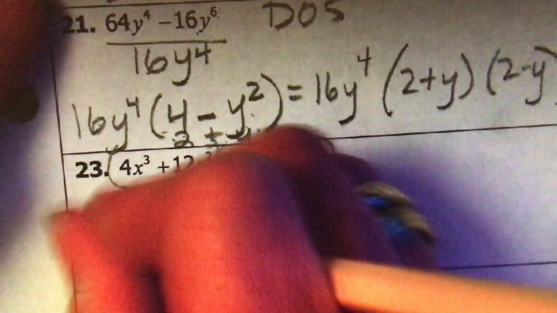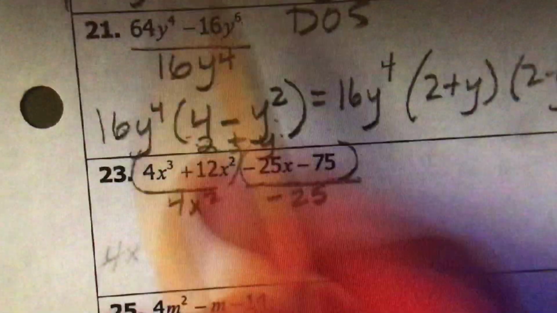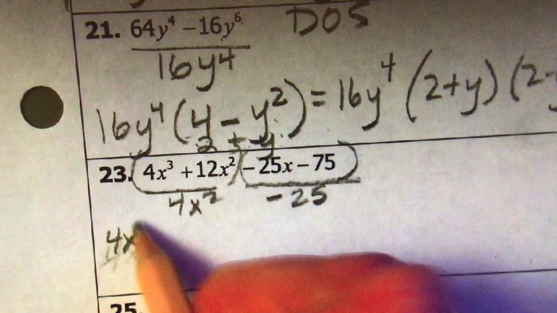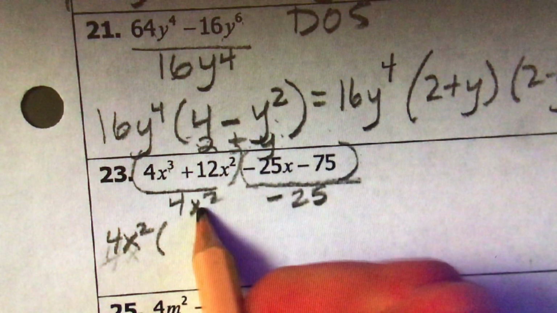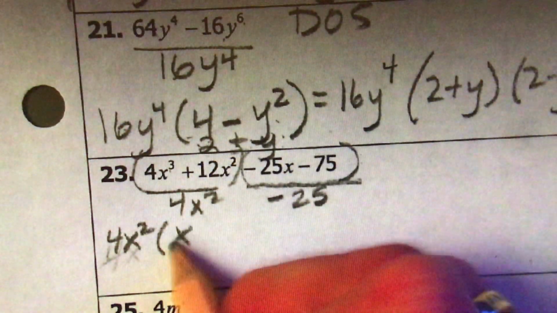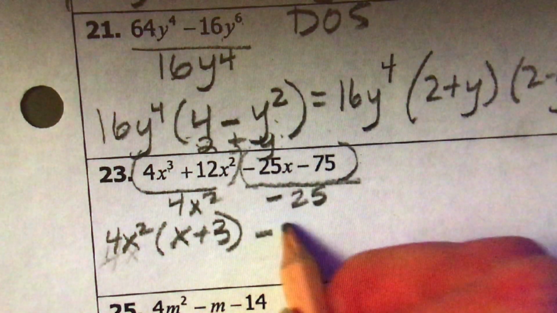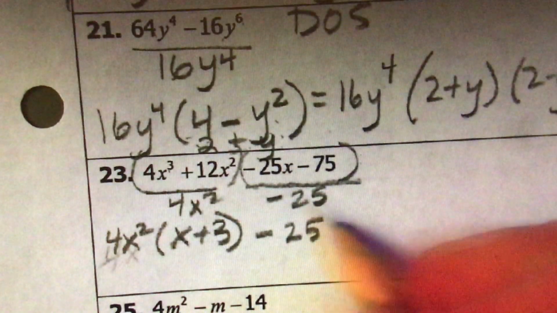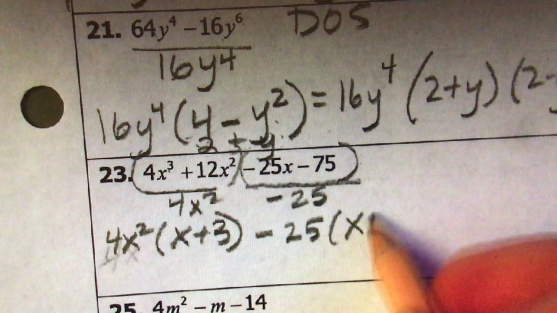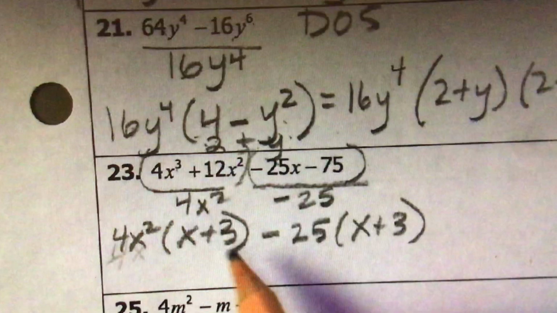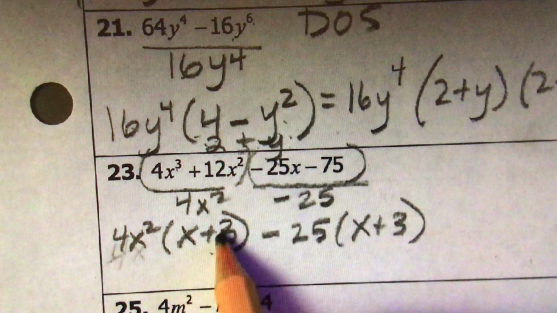Oh, I need a lot of room here, I think. I'm sensing that. 4x squared, outside, divide. x plus 3 minus 25. And then what's left here is x plus 3. Oh, yay! So I have 2 factors now. Remember, that was my goal.